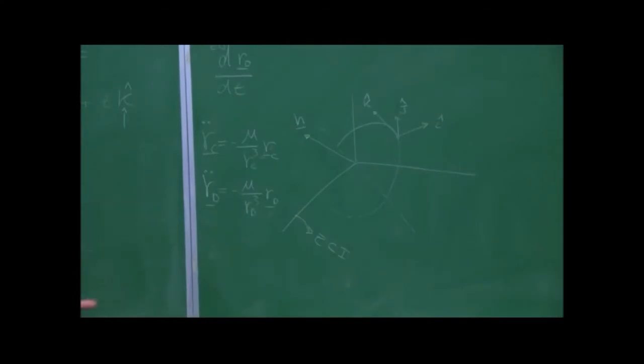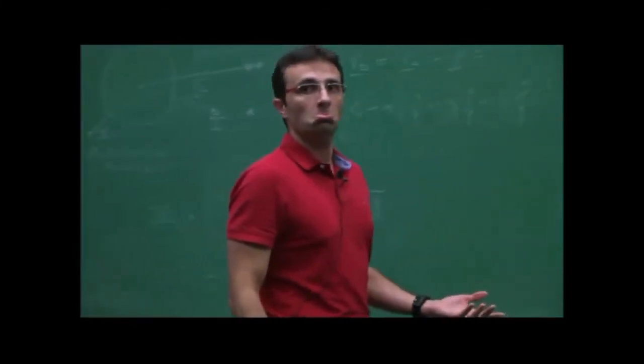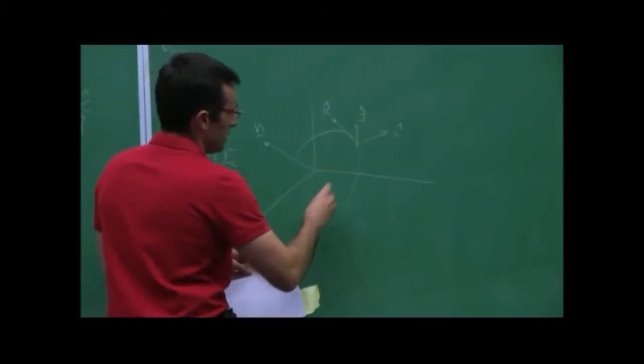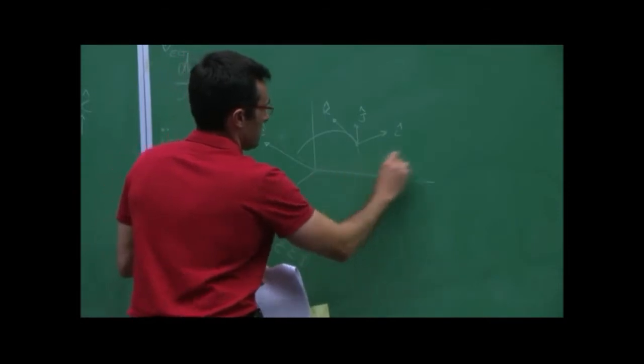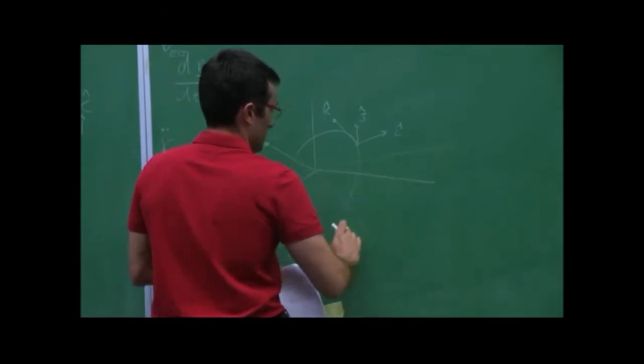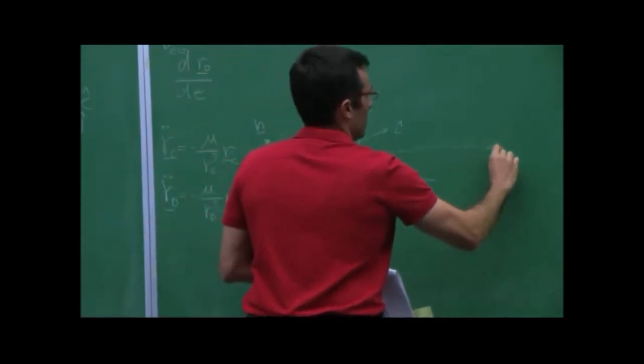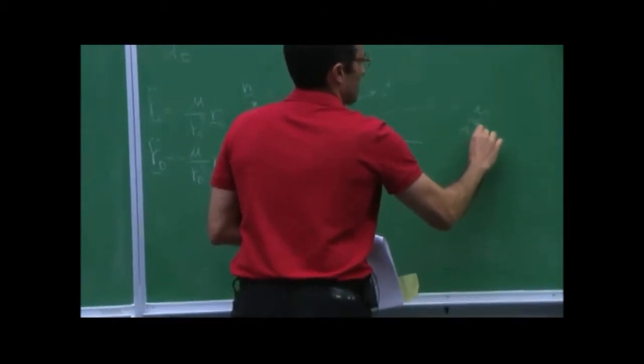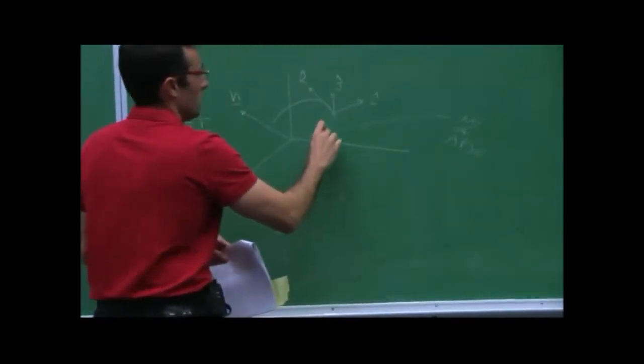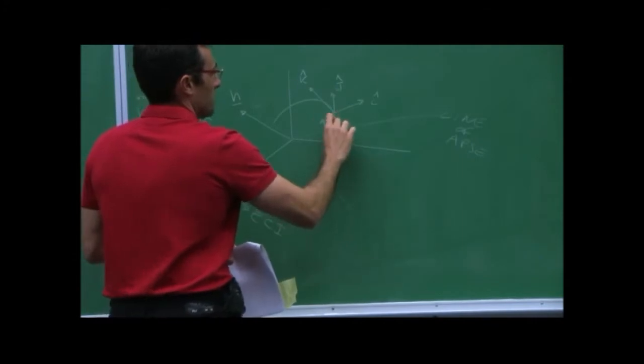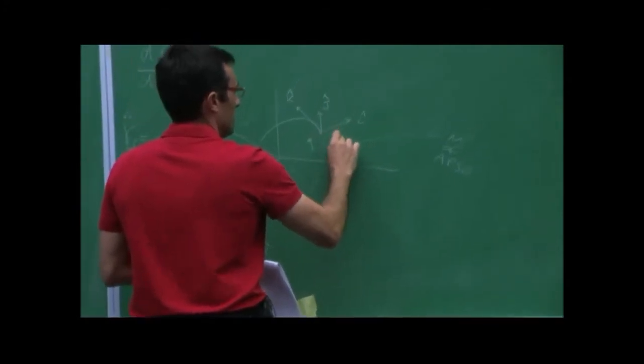Is K changing over time? It's not changing, right? All this basis is doing is rotating with an angle. Say that this is the line of nodes, and this is your line of apsides. Remember, it's the direction of the eccentricity vector. From this line, you measure position with the true anomaly, theta.